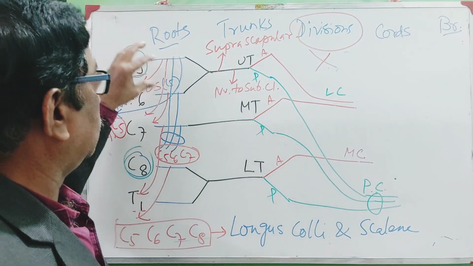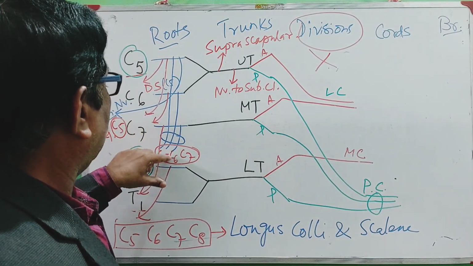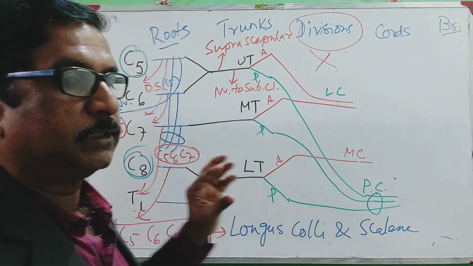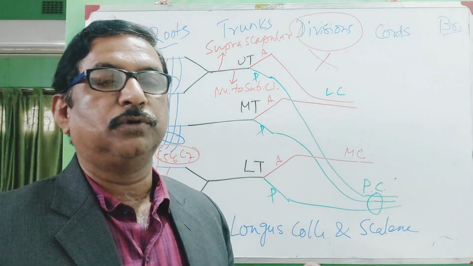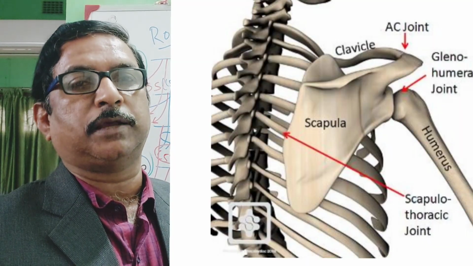So, now these nerves, dorsal scapular, then long thoracic nerve, then suprascapular nerve, all these nerves, they supply the muscle which act on scapulothoracic articulation or thoracoscapular joint.